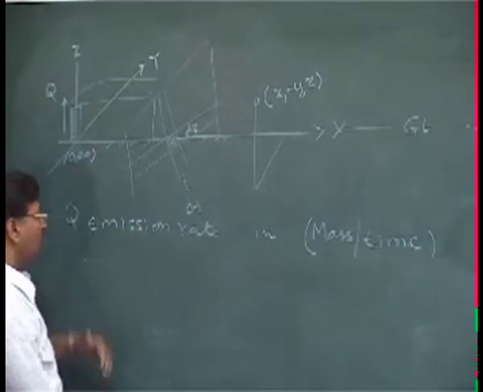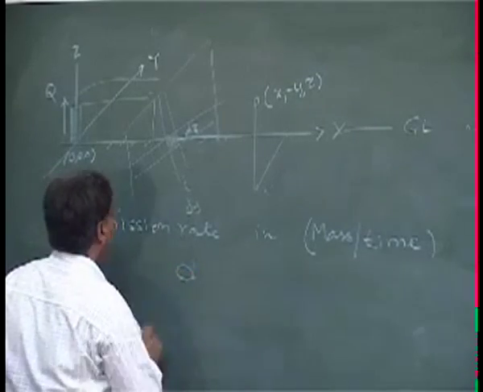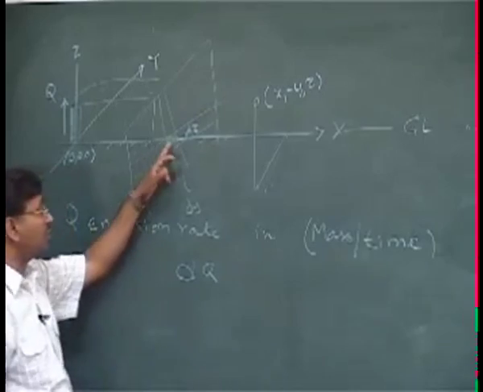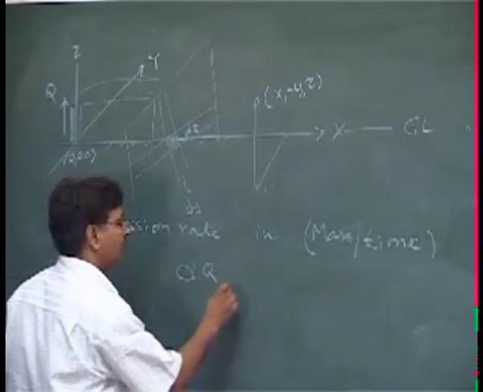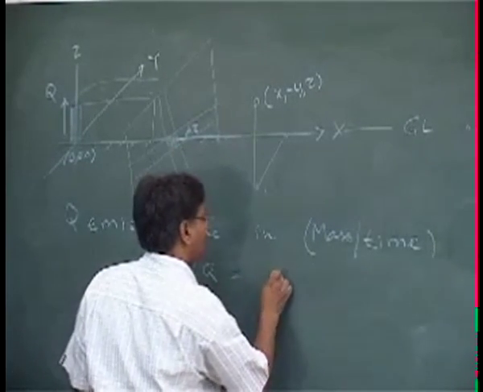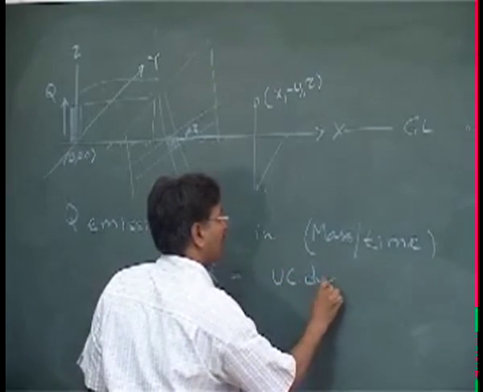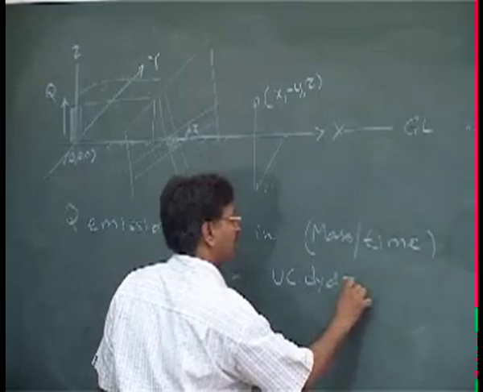If you agree with me, dq passing through this strip will be nothing but u times c dy dz.